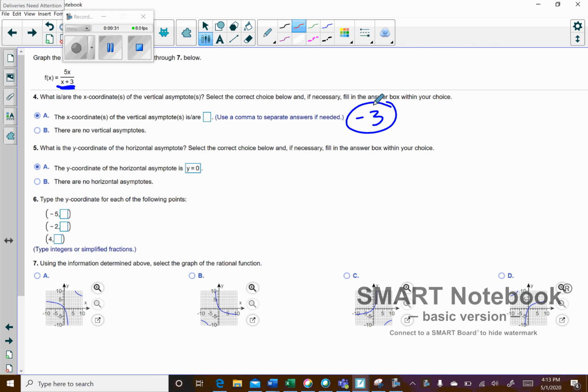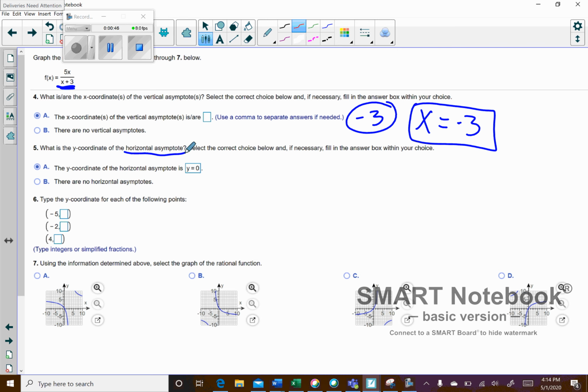Now be careful because sometimes they'll ask you to be a little bit more specific, and you're supposed to put x equals -3 to indicate the actual equation of that vertical asymptote. Now, the horizontal asymptote, what you have to do here is do the ratio test.